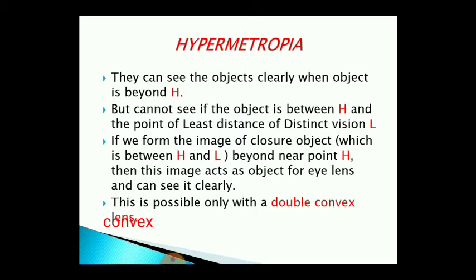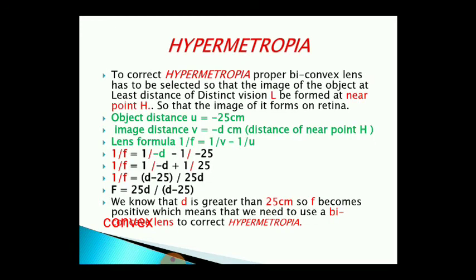This is possible only with a double convex lens. To correct hypermetropia, we have to find the proper biconvex lens. To select it, we have to know the formula to find it.